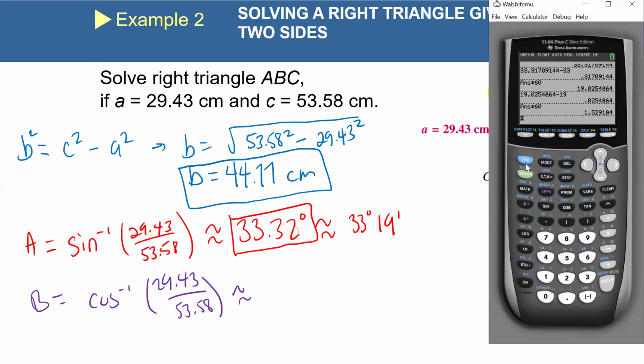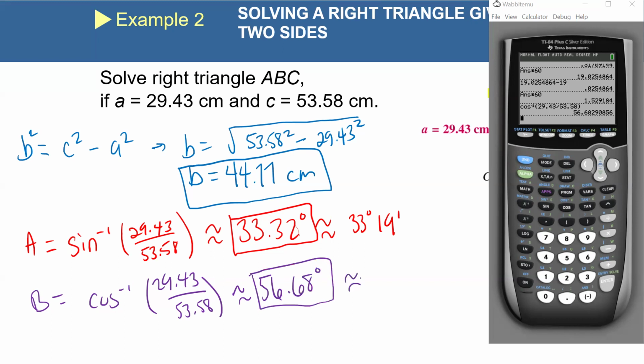So, cosine inverse, and we have 29 43 divided by 53 58, and we get 56 68. So we have 56 68 degrees.